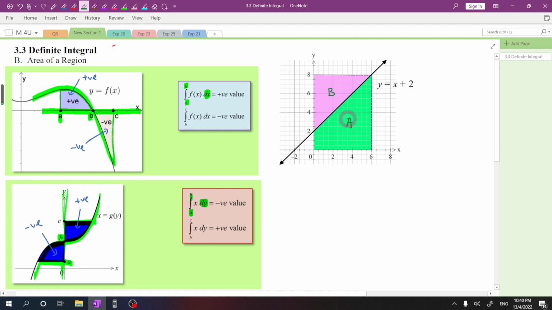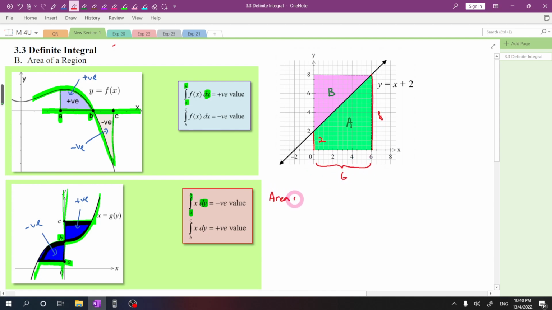Now let's look at the area of region A first. This is a trapezium, right? So we can just use the trapezium formula. How many units here? This is 2 units. How many units here? This is 8 units. And here, 6 units.